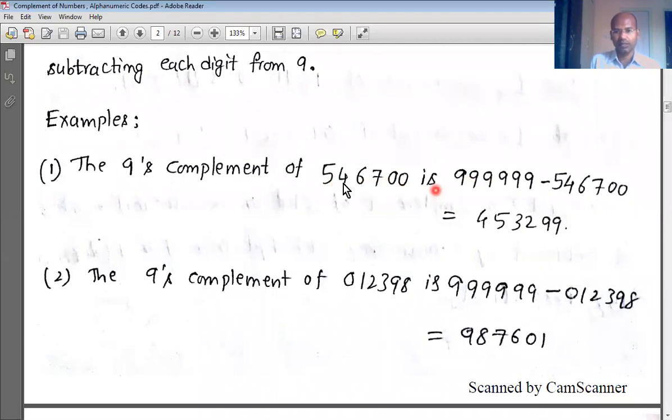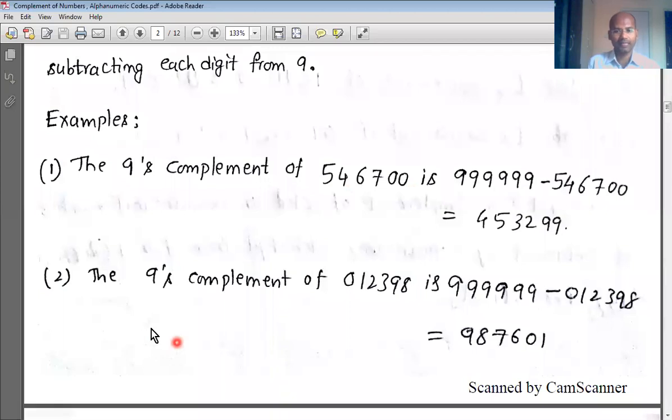So form the number with all digits 9, as many as there are in the given number: 1, 2, 3, 4, 5, 6, six 9's. Subtract the given number from this number with six 9's. This is our result, the 9's complement of 546700.